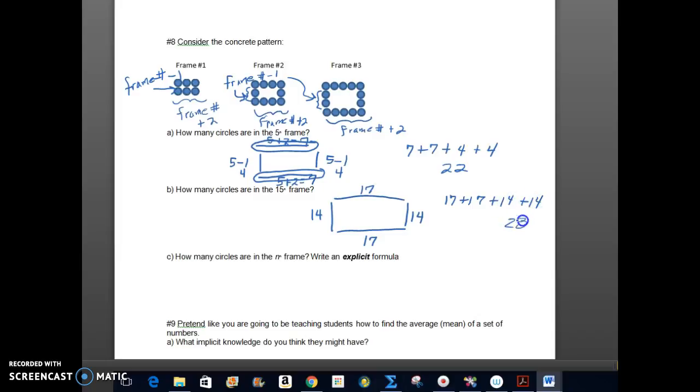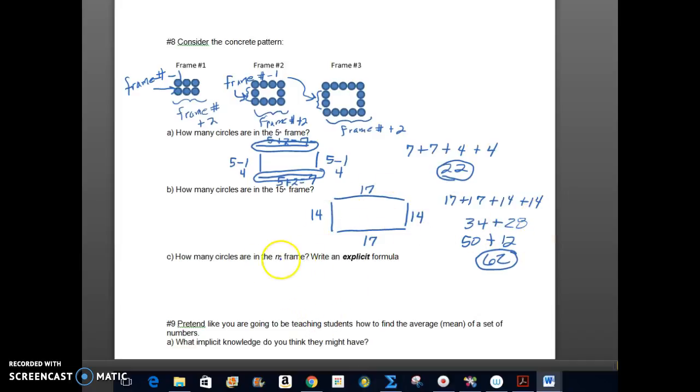So let's see, that's 28. That's 34. So that's going to be 50 plus 12. It's the only way I can add in my head, guys, so I split it up. All right, so 62. Hopefully I did that right. All right, and by right, I mean I added right. I know I labeled it right.